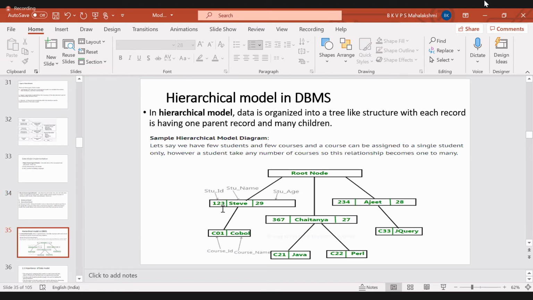Okay, so this is the example for the hierarchical model. See here, a root node will be there and it has some number of records. This is theory. Okay, nowhere will you implement this hierarchical model and network model, not at all. Directly you are going to implement the queries on the database.